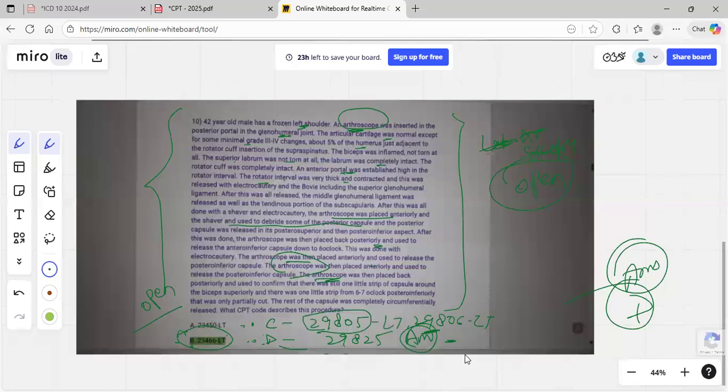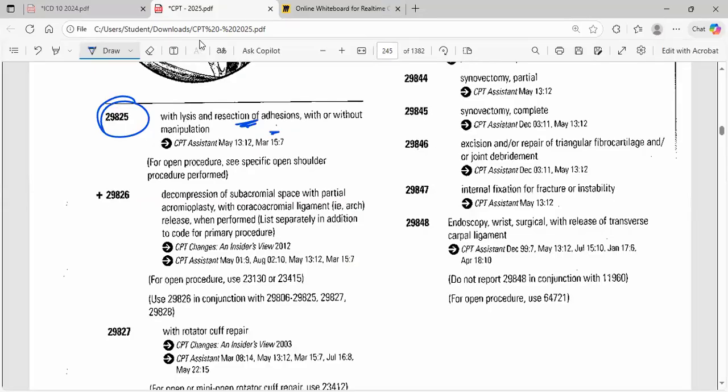Correct? Any doubts, any questions? No, ma'am. Any other questions? Any other questions?